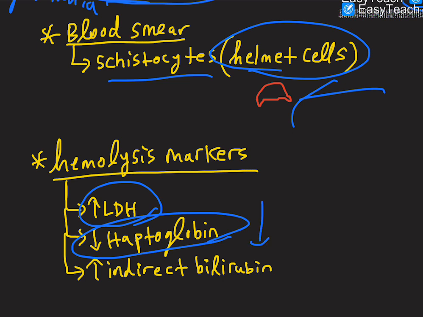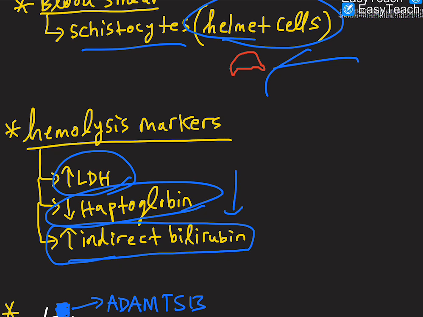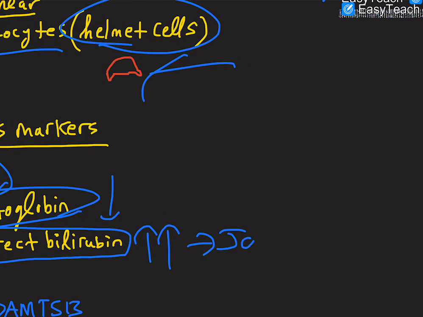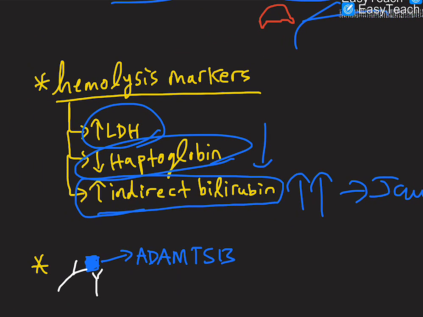And then some of that hemoglobin, because it's an intravascular hemolysis, some of that hemoglobin can go to your spleen and your splenic macrophages, get processed into indirect bilirubin. So you may see increased levels of indirect bilirubin, which can also present as jaundice, right? So you can see that too.